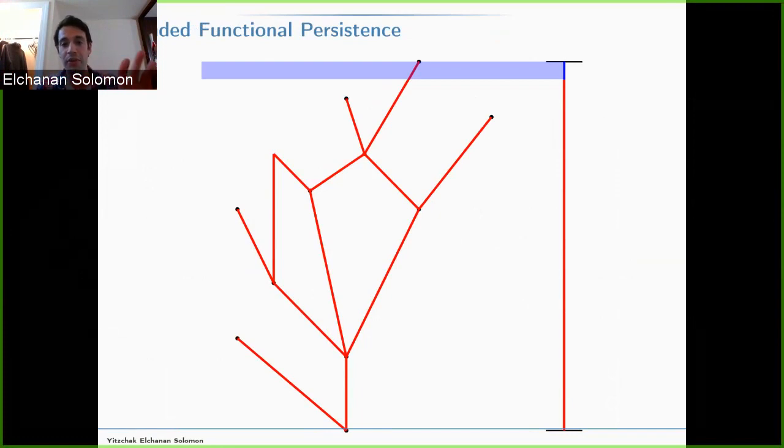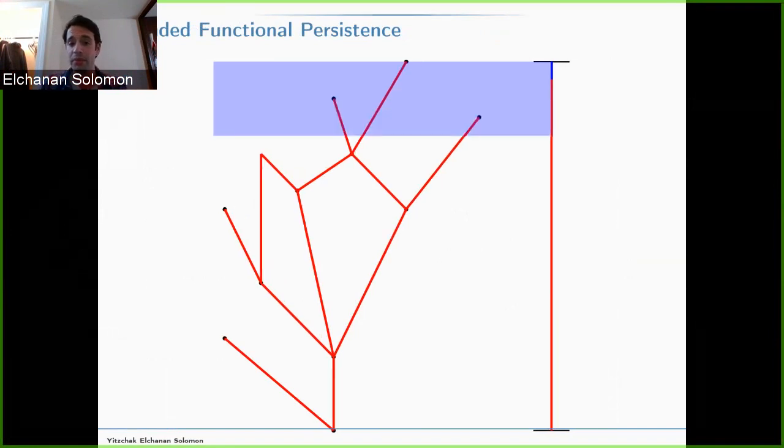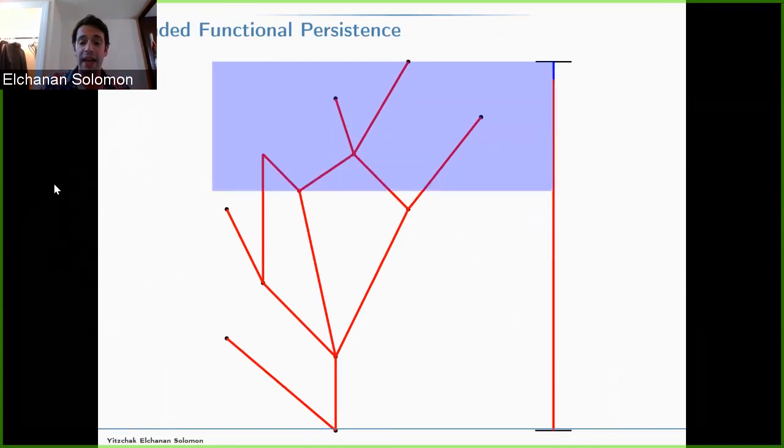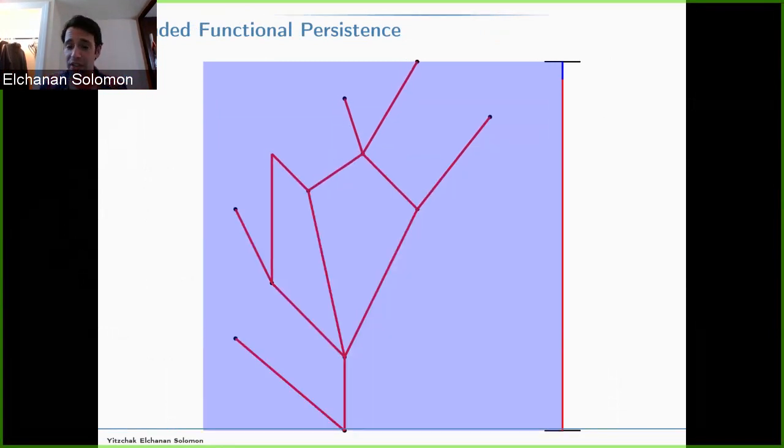You should imagine that everything contained in the blue translucent region is collapsed to a point. If you collapse that, nothing really interesting happens topologically. Now some things will actually happen. I don't know if you can see the mouse, but we end up having a loop because of the gluing. So new topology is introduced, and you collapse more and more, and eventually everything dies because you end up collapsing the whole space.